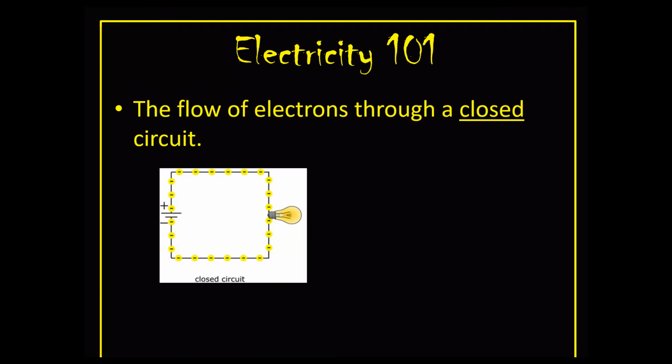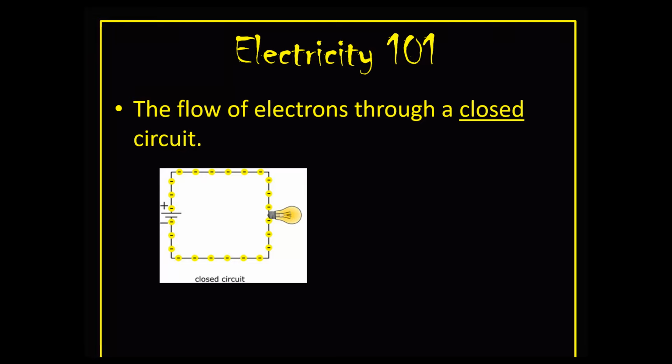So there's a lot of different moving parts to electrical energy and electricity. So we're going to start with just a brief overview, and then we're going to move into static electricity and then current electricity. The flow of electrons through a closed circuit is what generates electricity that will power a device.